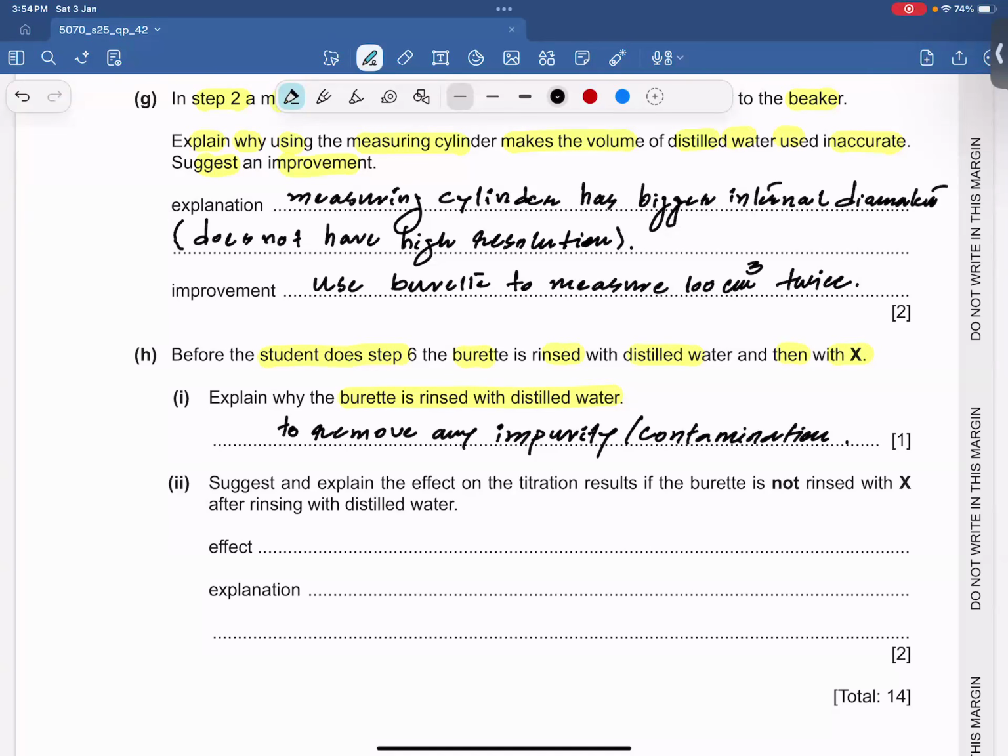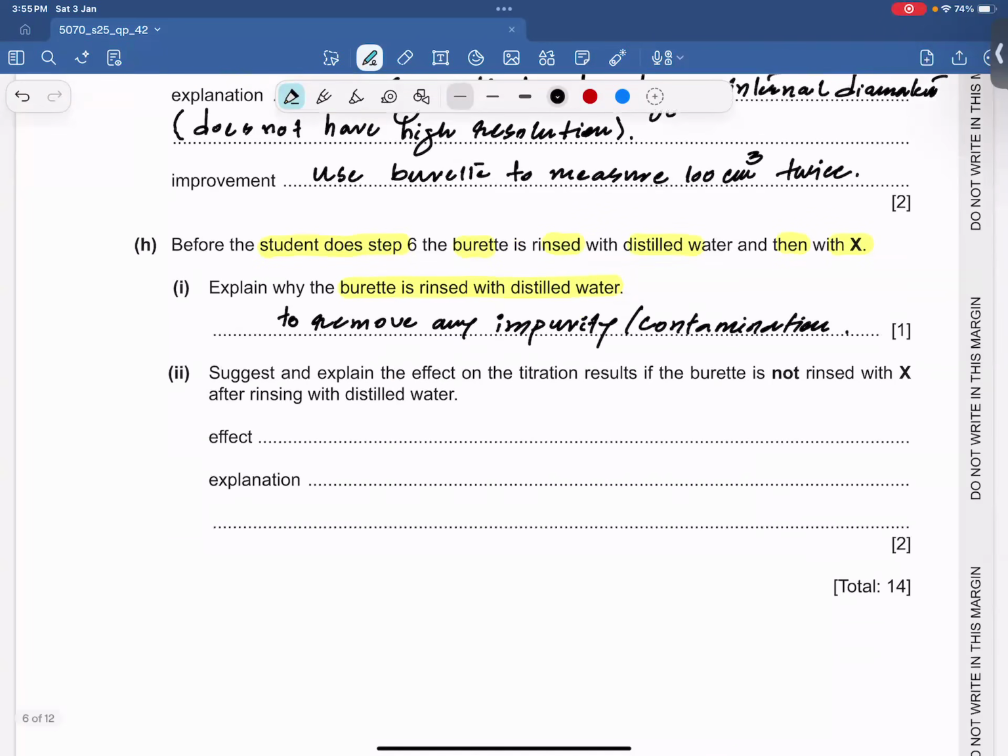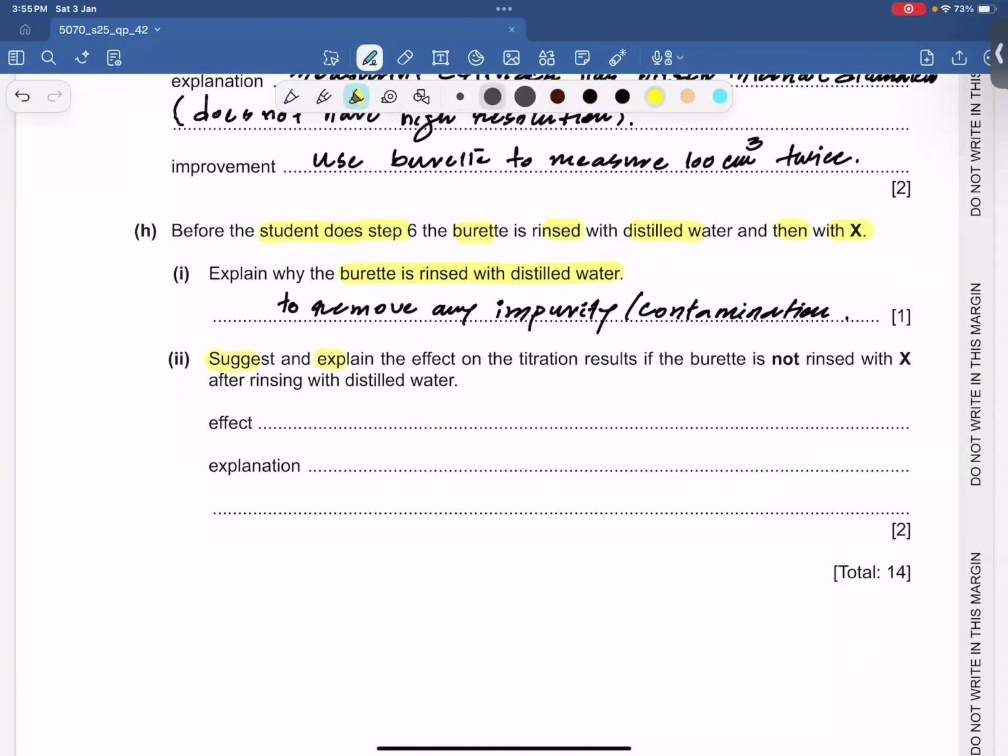Okay. Next part of the question. Suggest and explain the effect on the titration results if the burette is not rinsed with X after rinsing with distilled water.